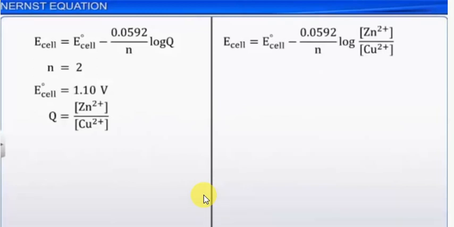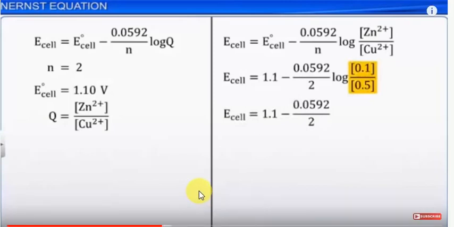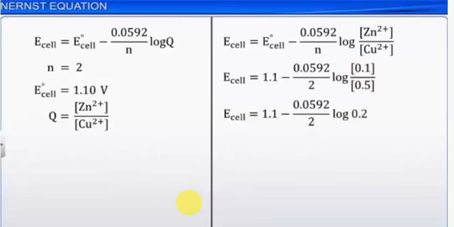From here, we can substitute our values for E naught, n, and the ion concentrations into the Nernst equation. The ratio for Q can be simplified as 0.1 divided by 0.5 equals 0.2. Now, it's a matter of simplification of the expression: E cell is equal to 1.12 volts.